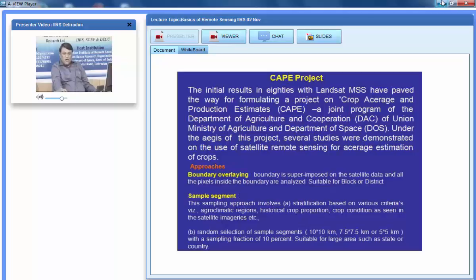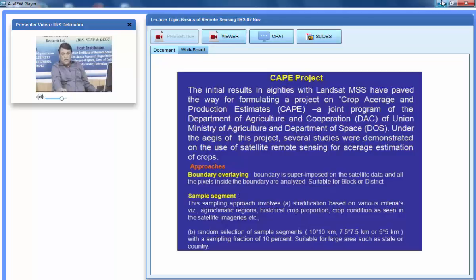At the same time, you cannot have ground truth information across the nation for a particular season if you intend to estimate the acreage of a wheat crop across India.